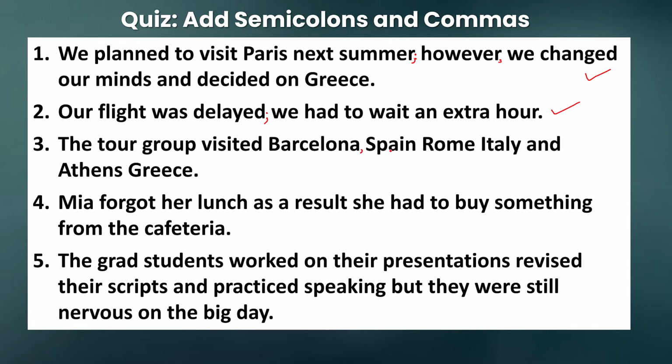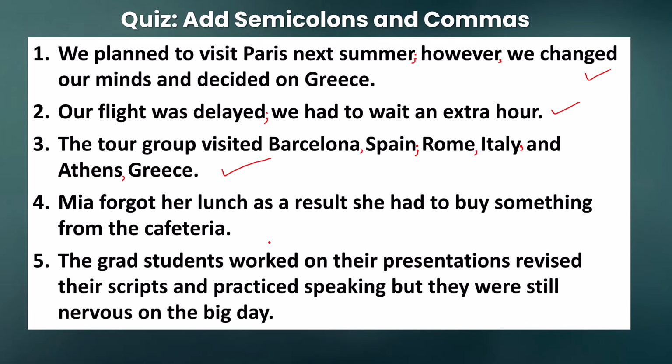Barcelona, comma, Spain, Rome, comma, Italy, and Athens, comma, Greece. But now we want to separate Spain and Rome with a semicolon to make it obvious that these are 3 different items in the list. Barcelona, Spain; and then Rome, Italy; and Athens, Greece. So now this is correct.